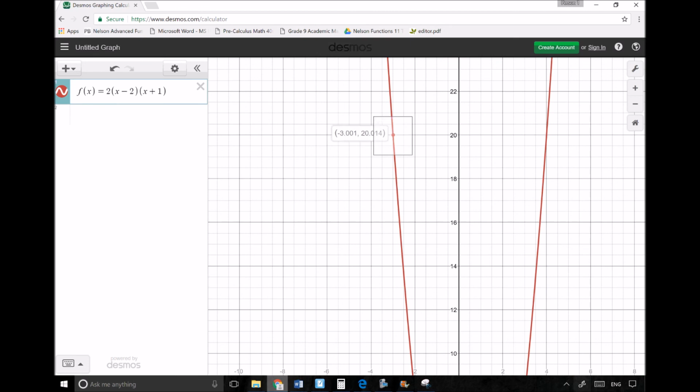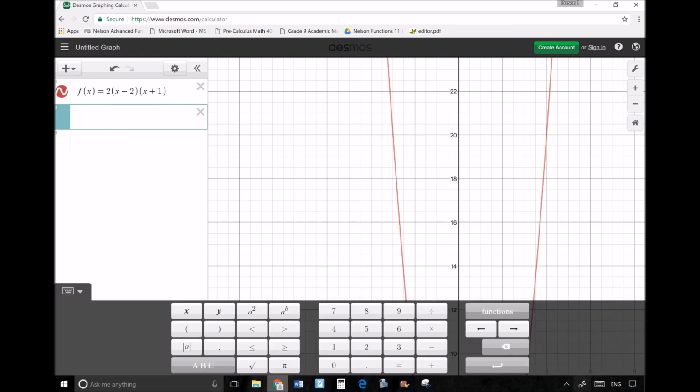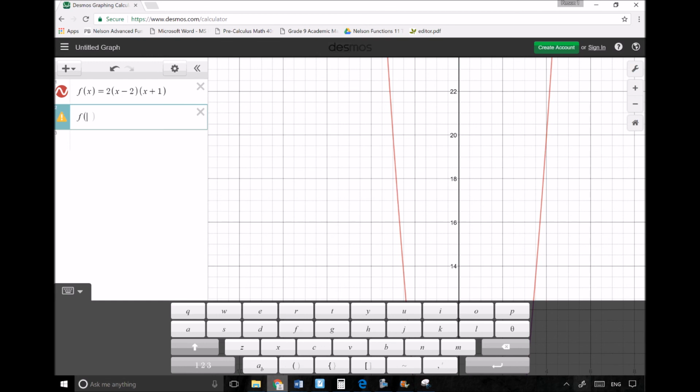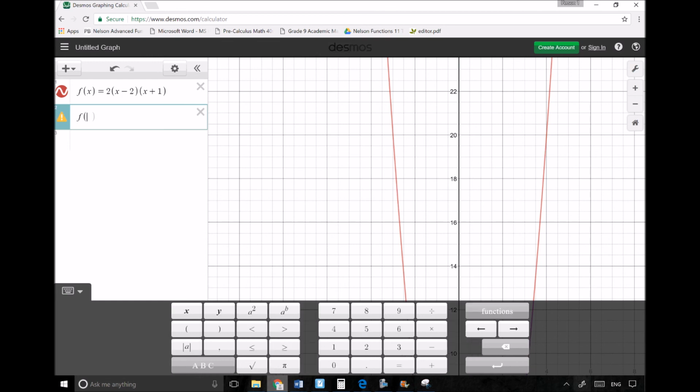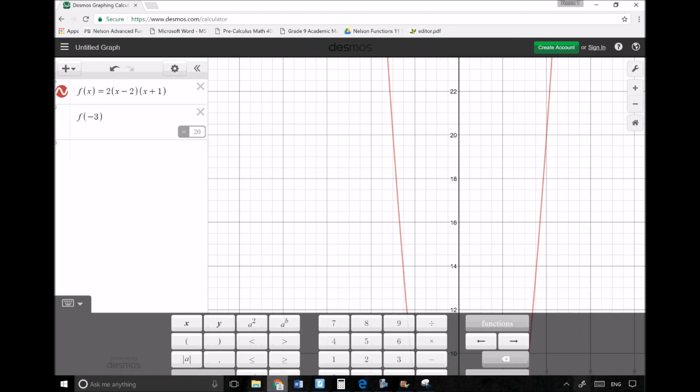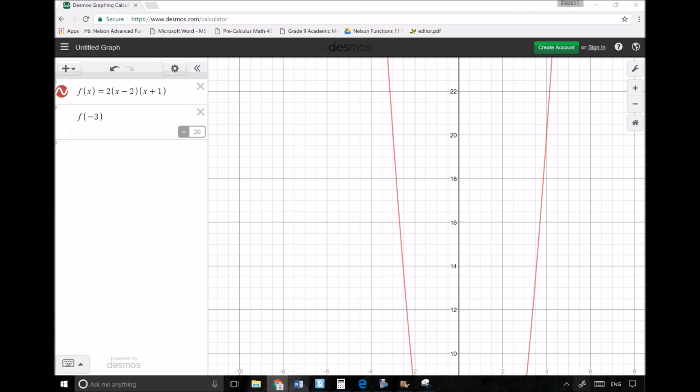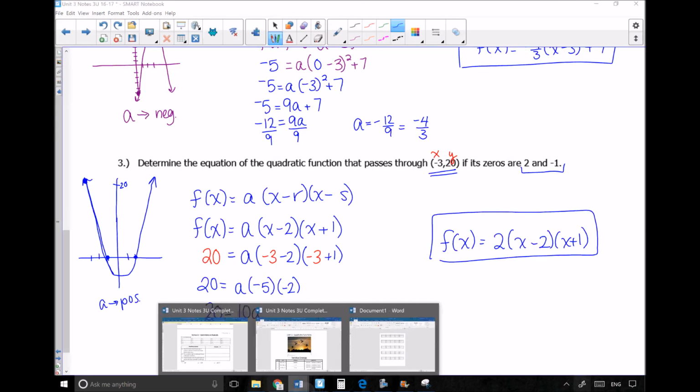So if I were to go onto it right here, it looks like (-3, 20) is a possibility. And then another option that I have right here is to actually figure out what f of -3 is. And it tells me that the value is 20 right here. Okay, so that's going to be my equation right here, and we should be good to go for this question.